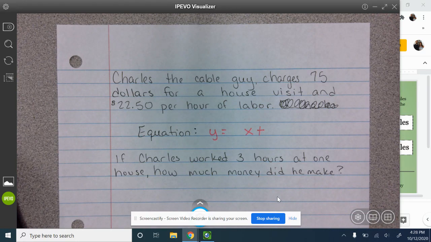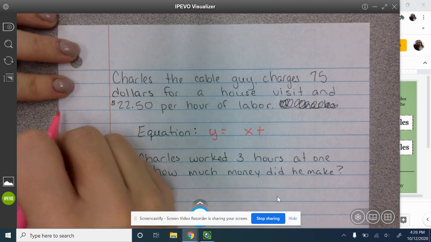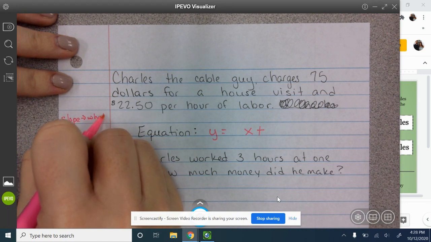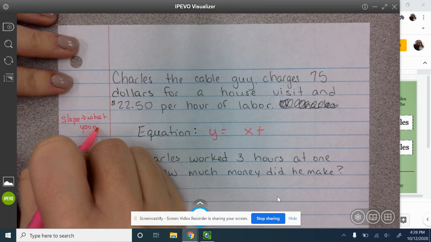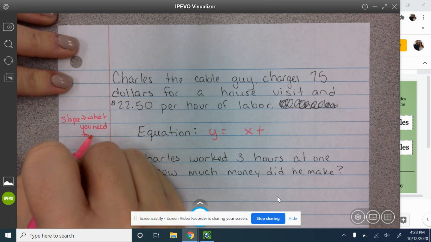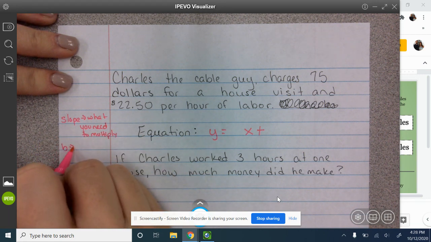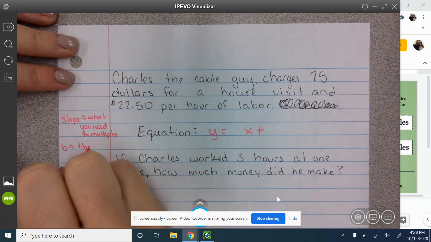The m and the b are going to be the things that are given to you in that problem. What you need to think about is slope is what you need to multiply by, and your b is going to be the one-time amount.